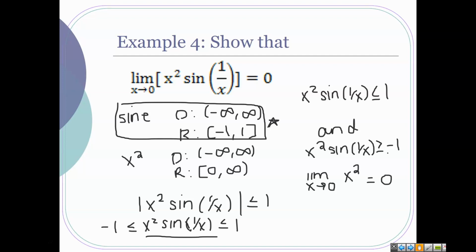So we're going to multiply by x squared on the outsides.